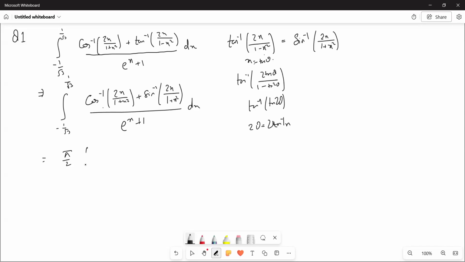So pi by 2 and then ये हो जाएगा 0 to 1 by root 3 of f(x) times 1 by e power x plus 1 plus f of minus x times e power x by e power x plus 1 dx. This will give us pi by 2 root 3 as the answer.